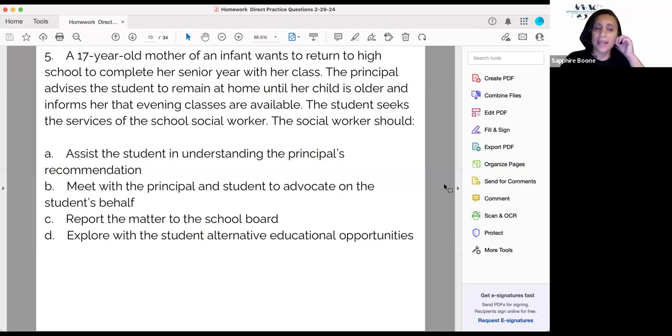So we're going to eliminate A because that does not respect self-determination. I would say C is kind of extreme. Report the matter to the school board. No, we're not going to do that. D also is not supporting self-determination.